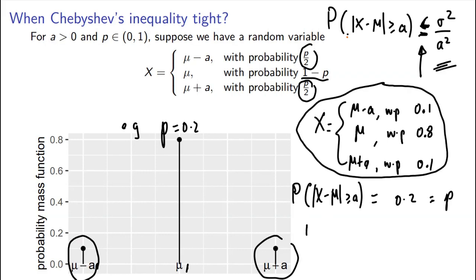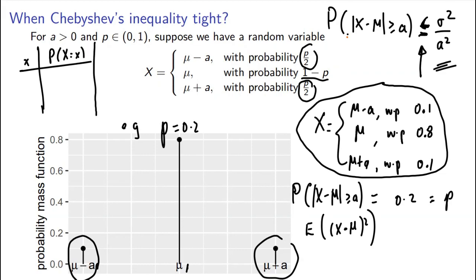Variance is the expected value of x minus mu squared, right? And x can be mu minus a, mu, or mu plus a, with probabilities, for this specific example, 0.1, 0.8, and 0.1. How about x minus mu squared? So when x takes mu minus a, x minus mu takes a value of minus a, and squared that is a squared.